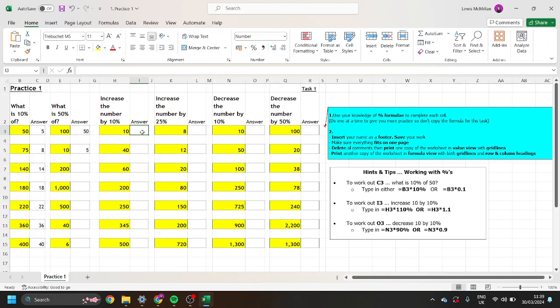We need to add 10% onto this figure. So we'll take our original figure, which is our whole number. In this instance, 10 is 100% of the number that we're working with. But we want to make it more than 100%. We want to add 10% on. So we're going to times that by 110% because that's 100% add on 10%.